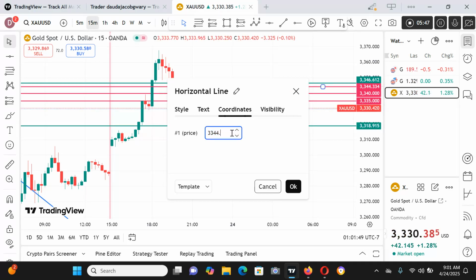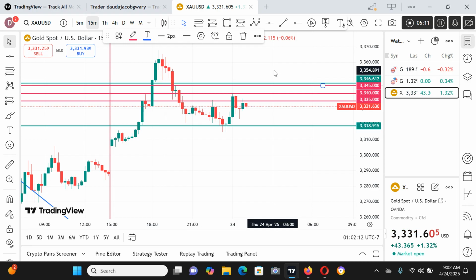The first one was 3335.00, the next one was 3340.00, and this one will be 3345.00, 50 pips further. So we look for the horizontal ray again and look for another psychological level here.